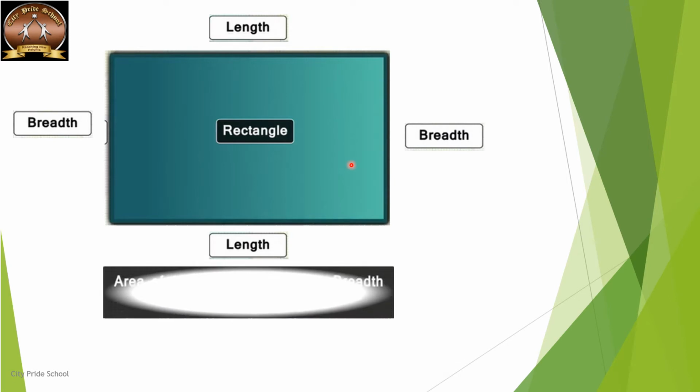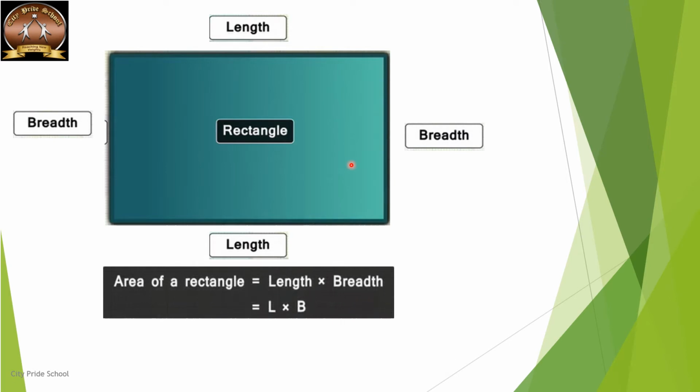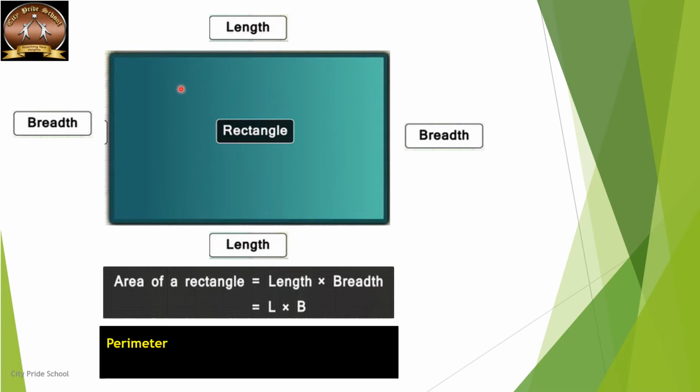Correct? So the area of this rectangle is length multiplied by breadth, whereas perimeter is equal to twice length plus breadth. This one plus this one, and breadth also 2 times. So 2 length plus 2 breadth is the perimeter, and length multiplied by breadth gives us the area of a rectangle.